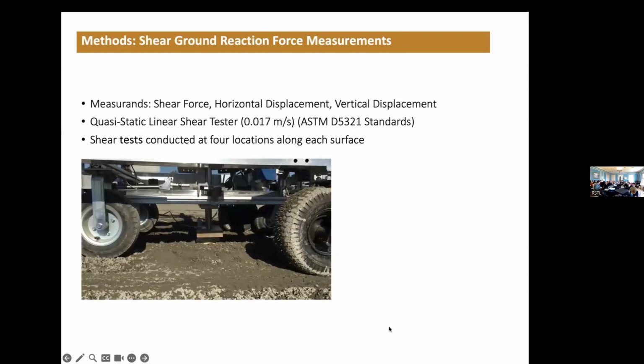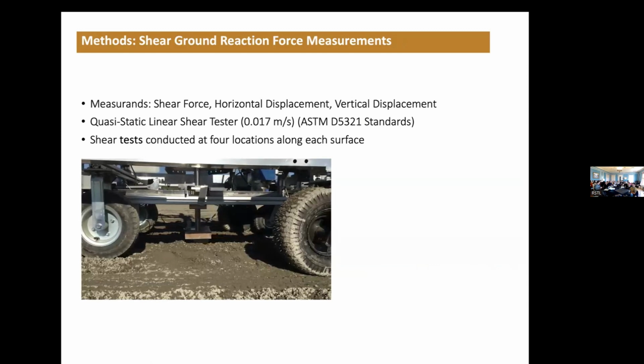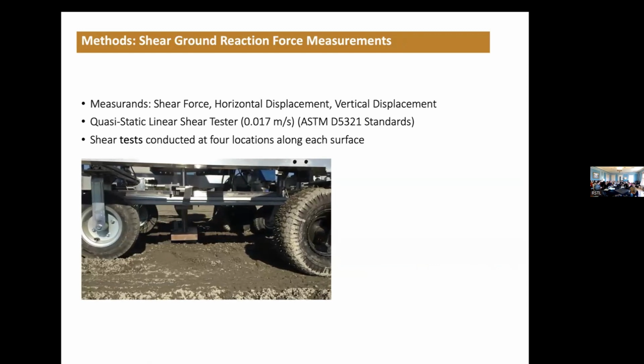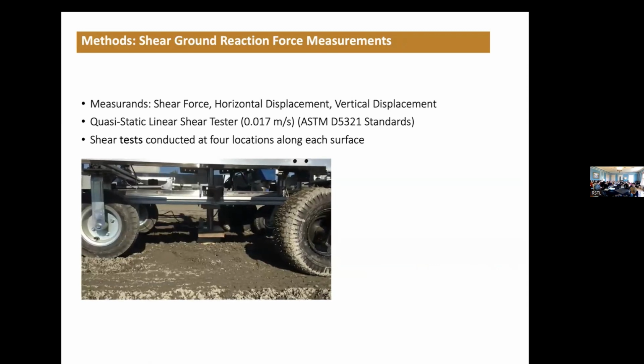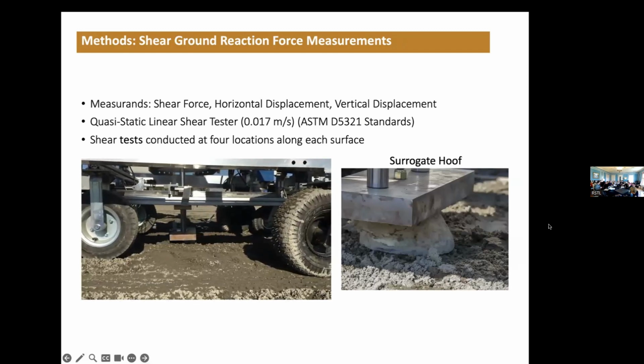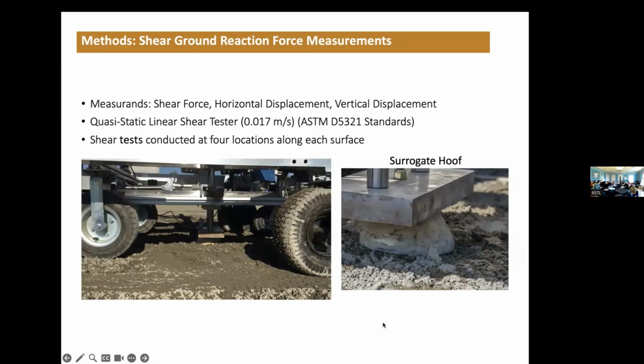Now, in our version of measuring shear, as opposed to incorporating it in the OBSP, we actually do a separate shear test, where we use both a grouser to determine material shear components as well as a surrogate hoof to measure shear at the interface of the hoof and the surface material.